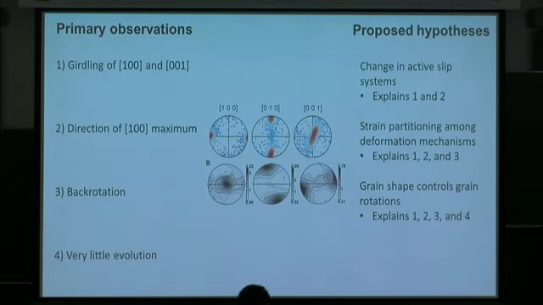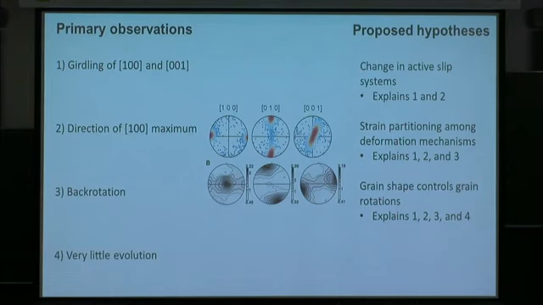All right, so key observations. We get these rough girdles that are horizontal here, but when the melt banding is present, we get these point maxima. We also have this back rotation of the axes, and there's very little evolution of the alignment.